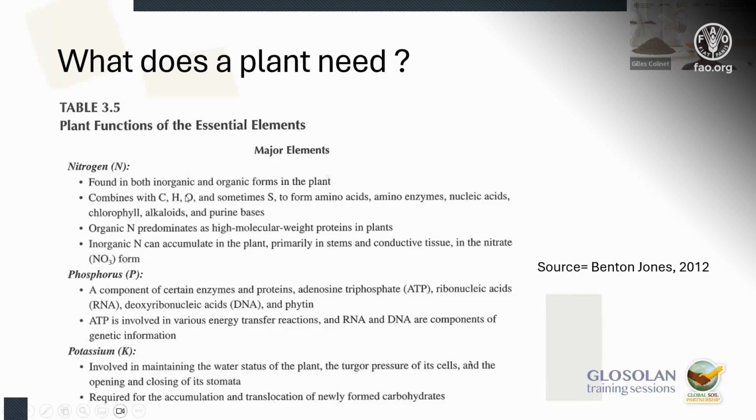It combines with CHO, sometimes with sulfur, to form amino acids, enzymes, chlorophyll, alkaloids, and purine bases. So you will find nitrogen in a lot of molecules in plants. The inorganic nitrogen is in stems and conductive tissues, mainly in nitrate form.